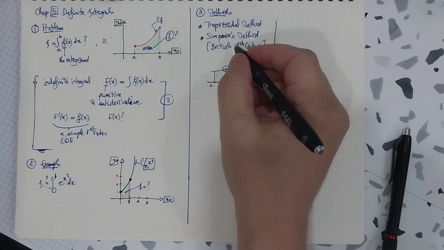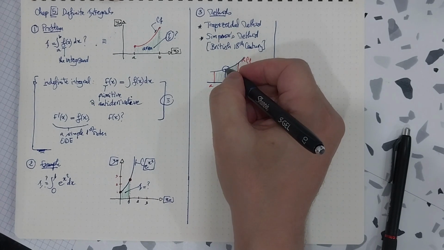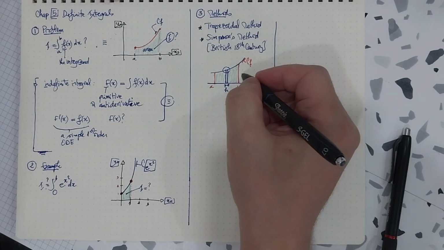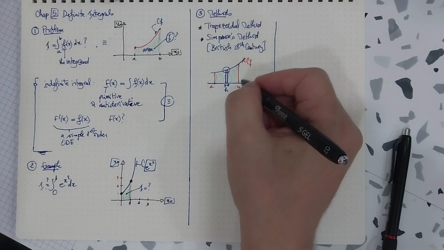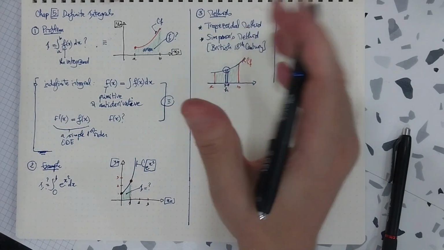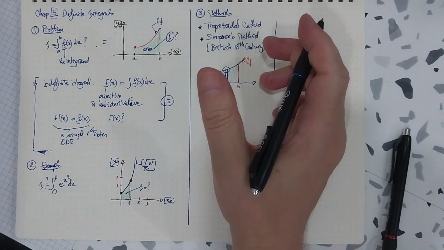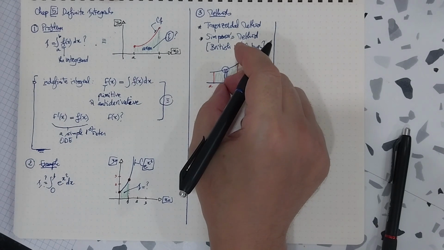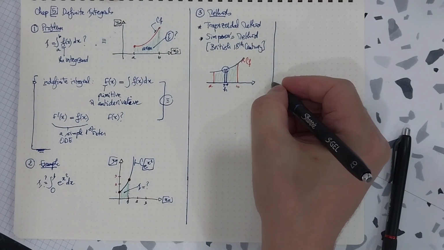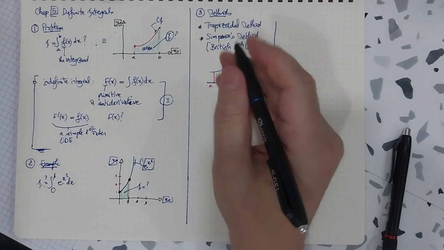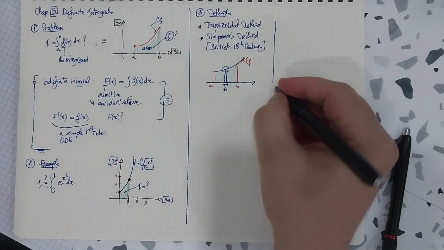Trapezoidal or Simpson's method are based on how we interpolate a strip, and then we add the strips to obtain the whole area. Of course, there are many details, but this is the idea. The integral, the area, is a sum of a finite number of strips.